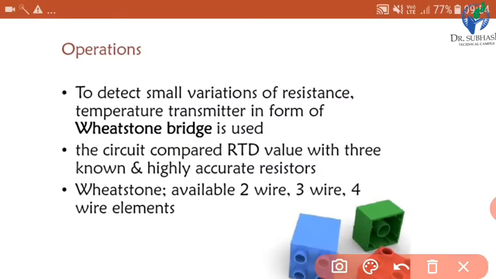Operation: to detect small variations of resistance, a temperature transmitter in the form of a Wheatstone bridge is used. See, in some places the resistance variation is very small. It means the temperature variation is very small, so the resistance variation is also very small.